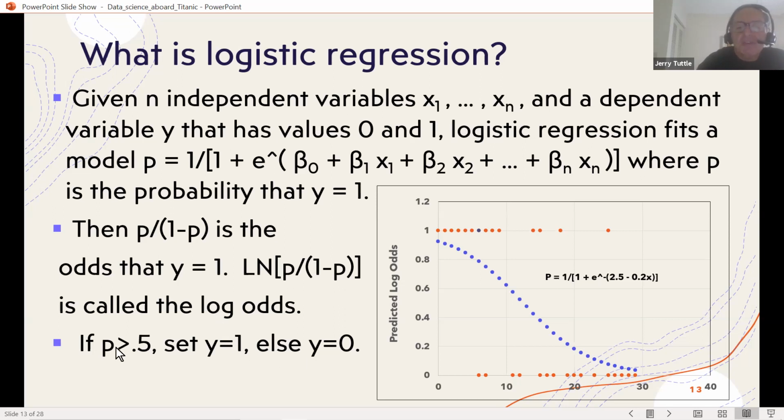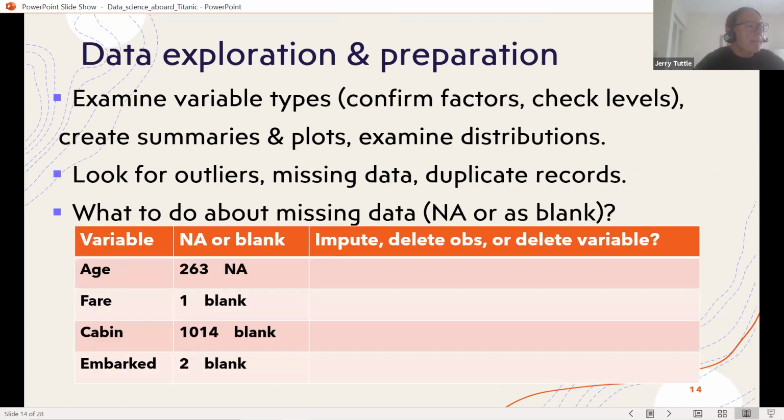And we can vary that. So that's quickly logistic regression. Now let's spend some time with the Titanic data. The first thing one normally does is we look at what kind of data we have. Some of the data is numeric, and some of the data is not numeric.